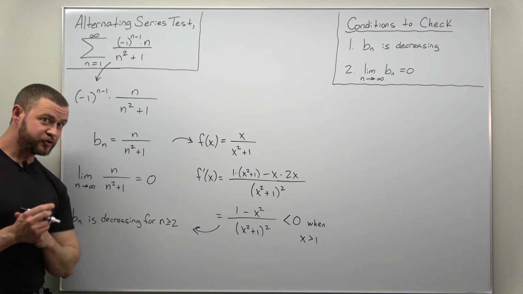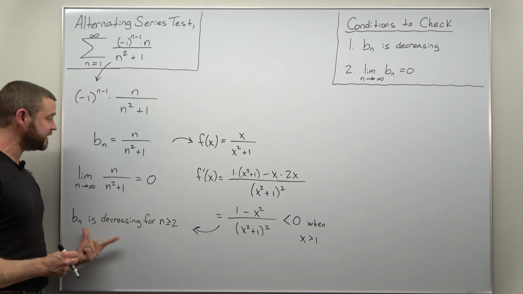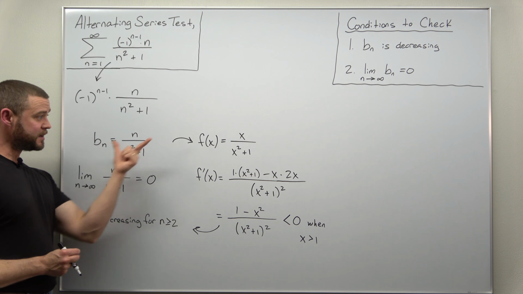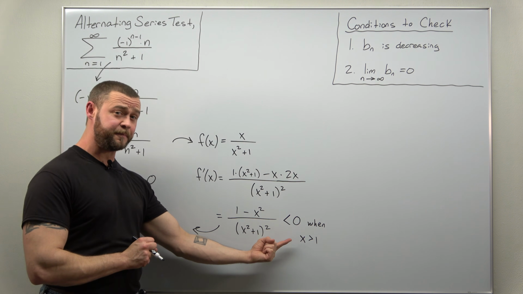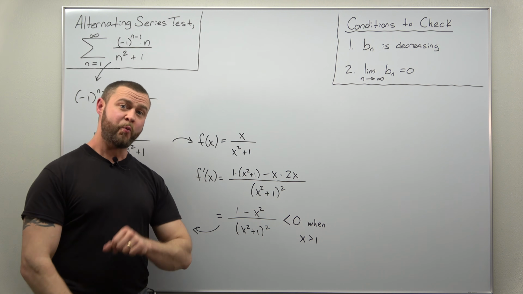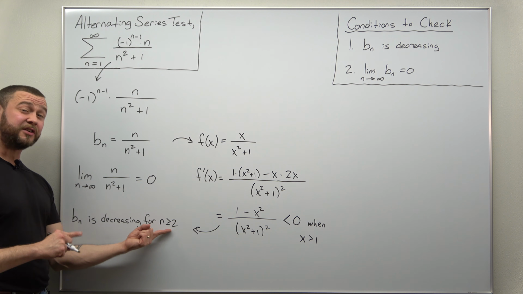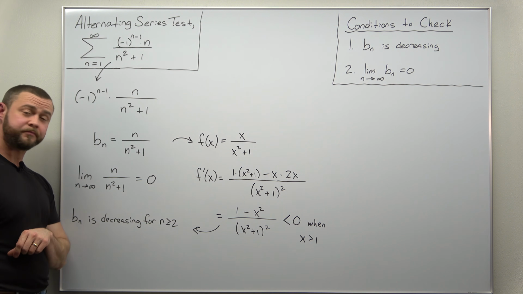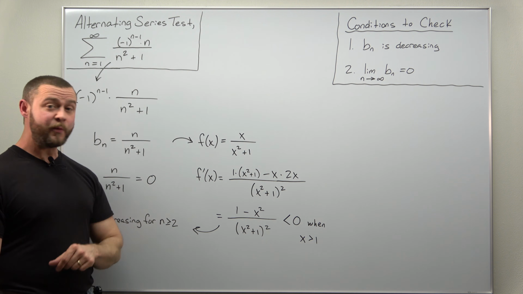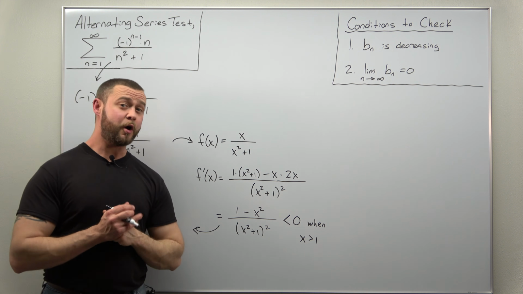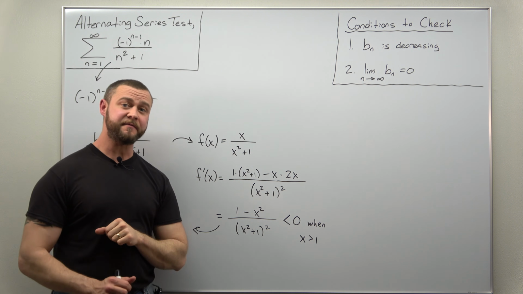And again, to make sure that you understand why we're making that conclusion that b sub n is decreasing, we turned b sub n into this function of x, and then we showed that the derivative of that function is negative when x is bigger than 1, which is equivalent here to saying n is greater than or equal to 2. Those are both the conditions that we need, and we can reach the conclusion with the alternating series test that our alternating series is convergent.